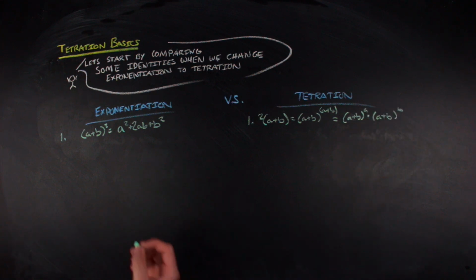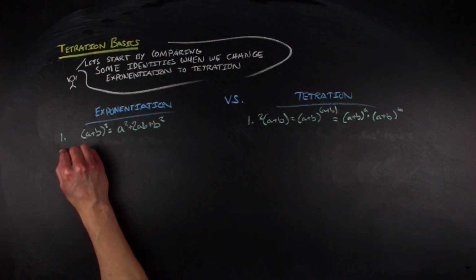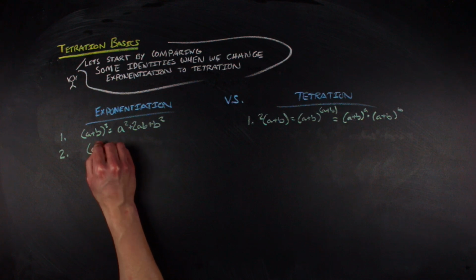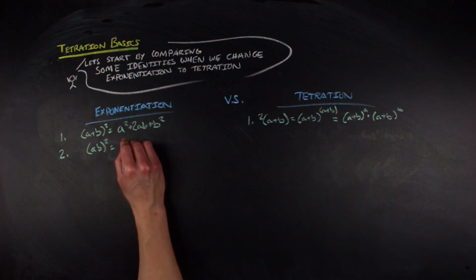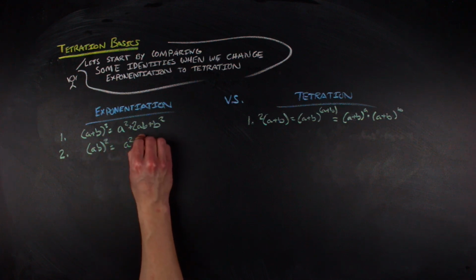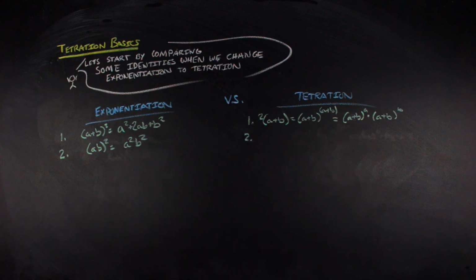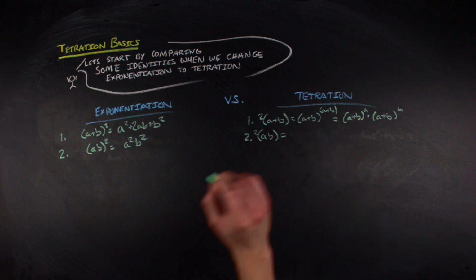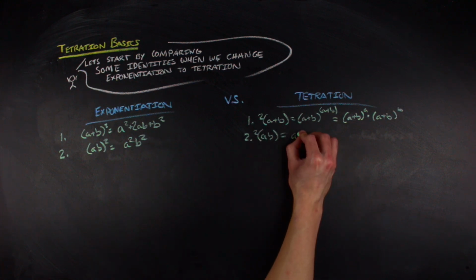Next on the list, if you want to look at what happens when you square a product of elements, you're going to have the quantity ab all squared is equal to a squared b squared. However, when you tetrate ab to the height of 2, what you end up getting is a little bit messier, but it looks similar.